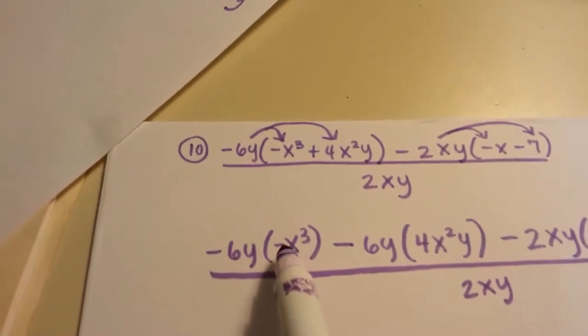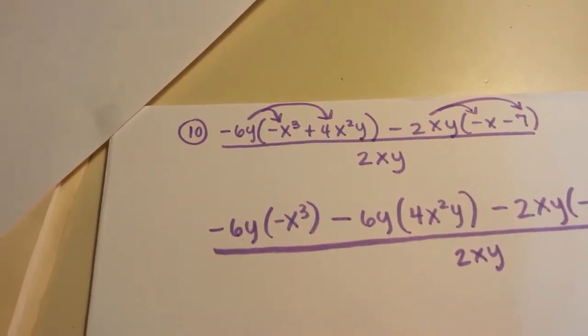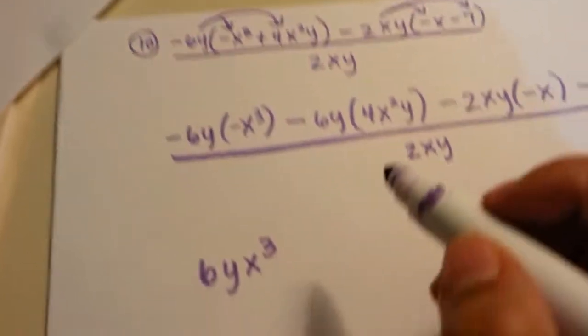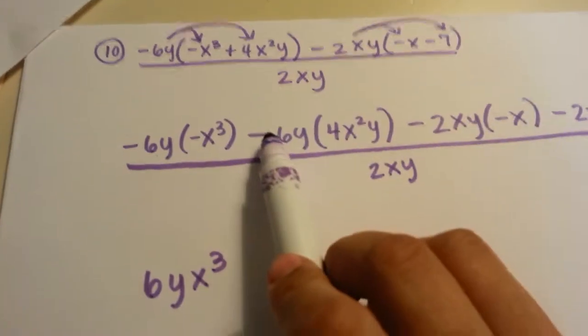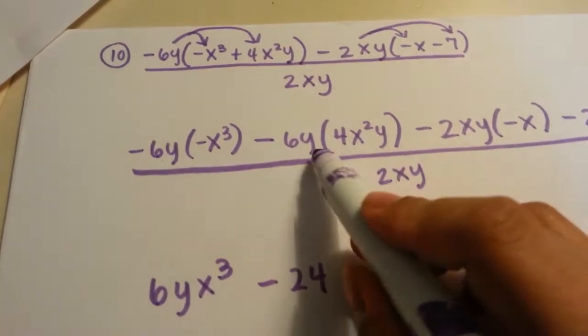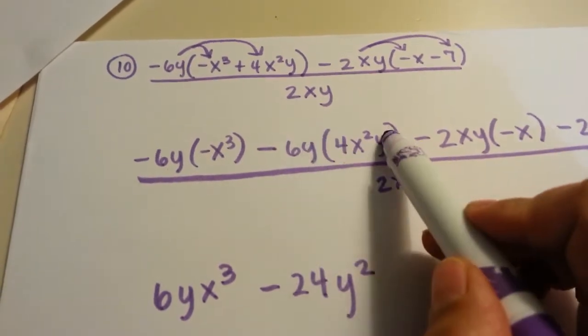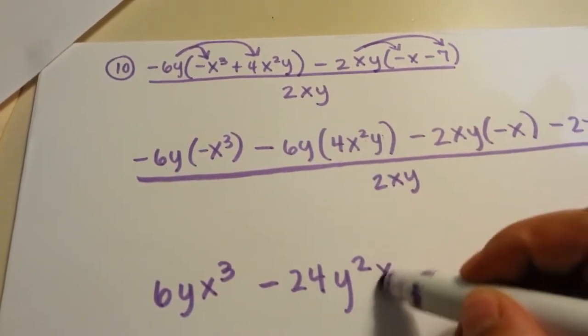Well, the negative signs cancel. And we have 6y x to the third. Then this and this is a negative 24. Y and y becomes y squared, right? You add the exponents, 1 plus 1, and this is already x squared.